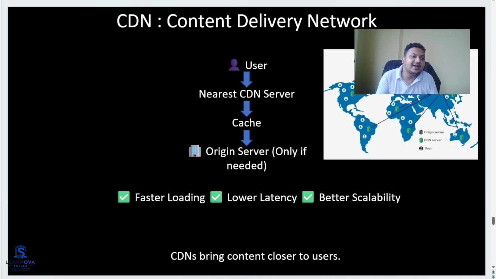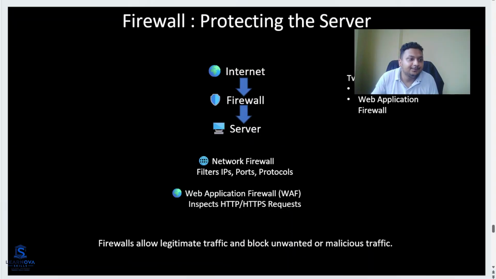Now, we have traffic moving through the internet, but we also need security controls to help protect servers, that is, firewalls. A firewall is designed to filter network traffic. A network firewall can make decisions based on things such as IP address, ports, and protocols. Then we have a web application firewall, commonly called WAF.